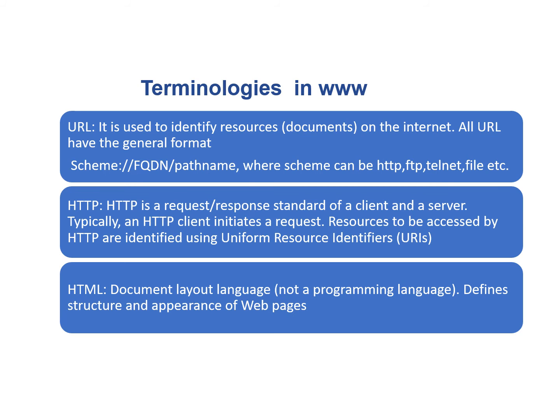Typically, an HTTP client initiates a request and resources that can be accessed by HTTP are identified using Uniform Resource Identifiers. And HTML, that is Hypertext Markup Language, is used to define the structure and appearance of web pages.